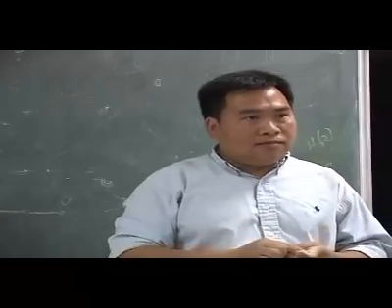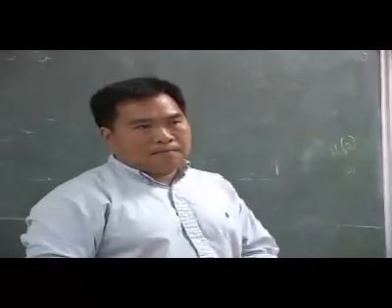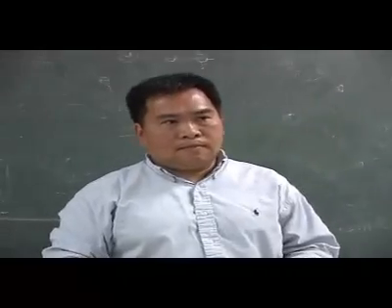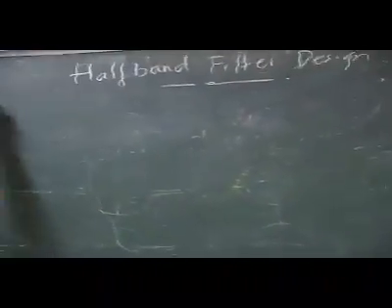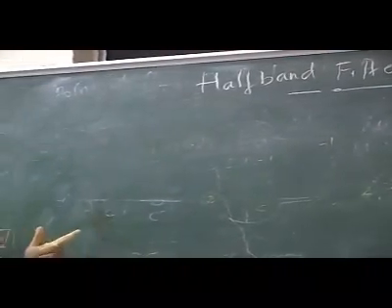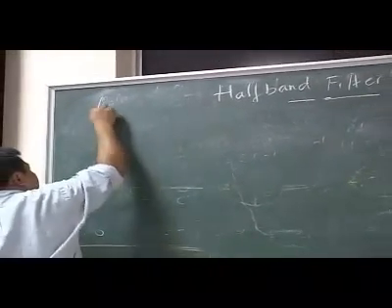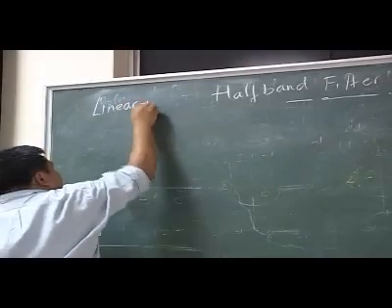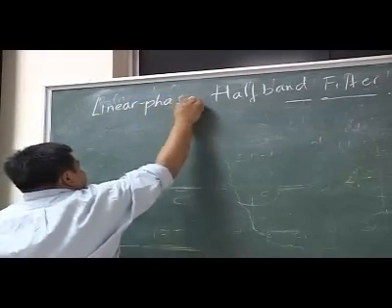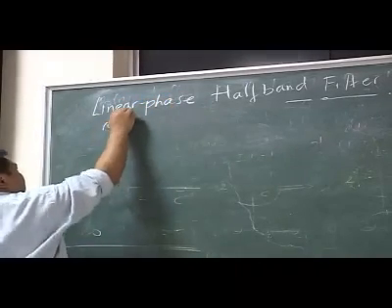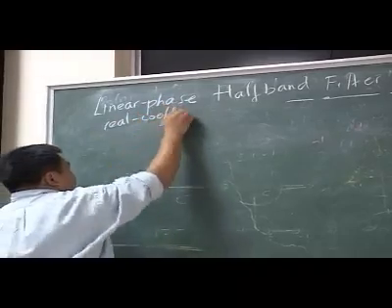Yeah. I think you should start with a linear phase, orthogonal window. So you want to narrow down the scope of the design. That's good. So let's design a linear phase half band filter with real coefficient. Good. How do we start that?